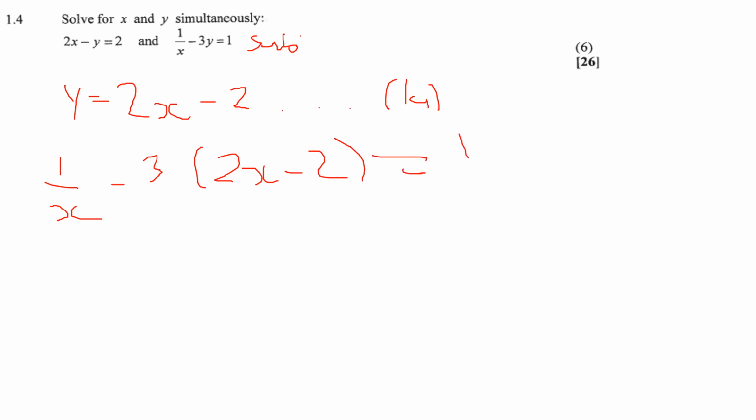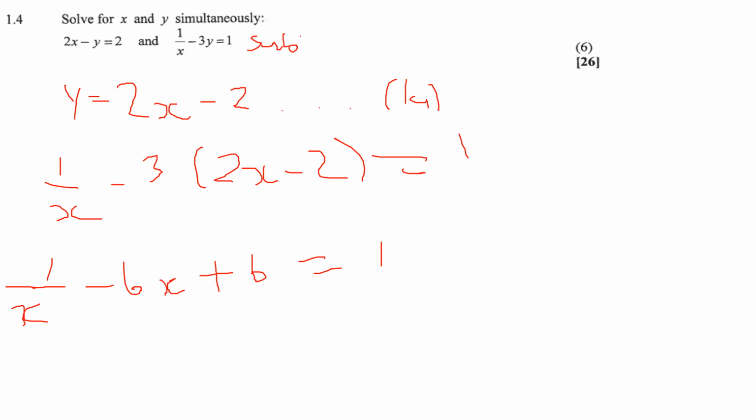And then now we simplify to say 1 over x, and then negative 3 multiplied by 2x is negative 6x. The negative 3 multiplied by negative 2 is positive 6, equals 1.